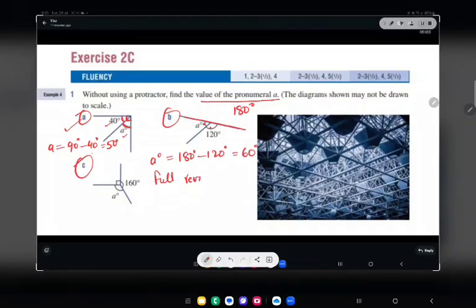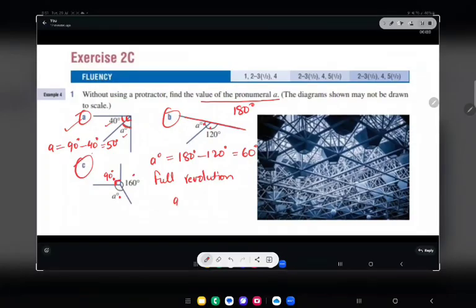Full revolution. In this you see three parts, this A degrees and 160 degrees. This symbol here means it's 90 degrees. This is a popular drawing that we do to show a 90 degree angle. So if one angle is 90, another is 160, I want the remaining one.